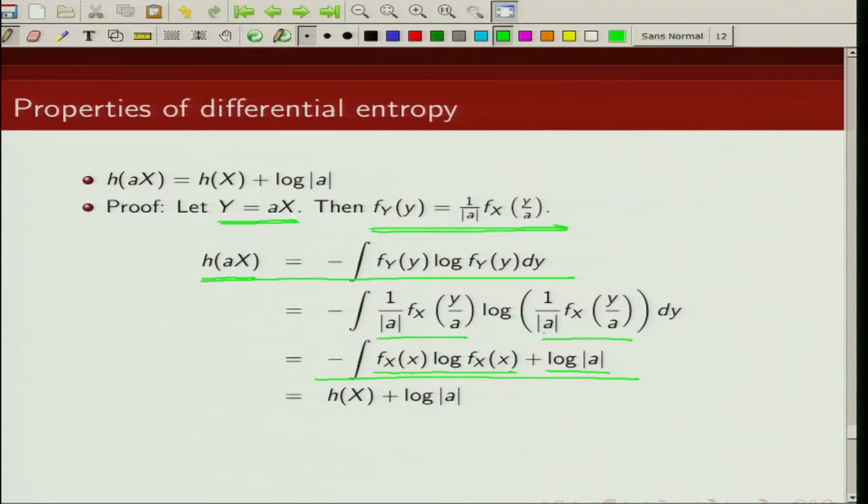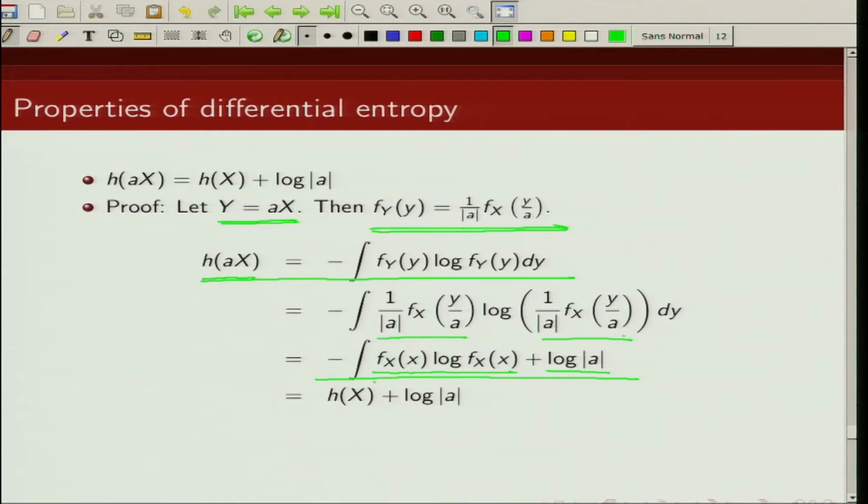So log of 1 by a is minus log of a, and minus minus becomes plus, and when you integrate it over the density function, the density function will become 1. So you get log of a, since the integration of this density function will give you 1. The next term that you will get is log of f of x, which is nothing but f of x log of f of x.